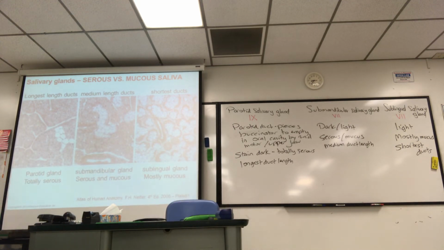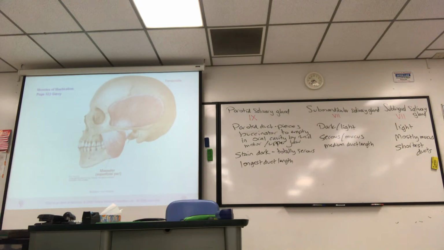So saliva helps you solubilize the food in the oral cavity, and I should have you know a couple of muscles of mastication. Mastication is the word for chew in anatomy.